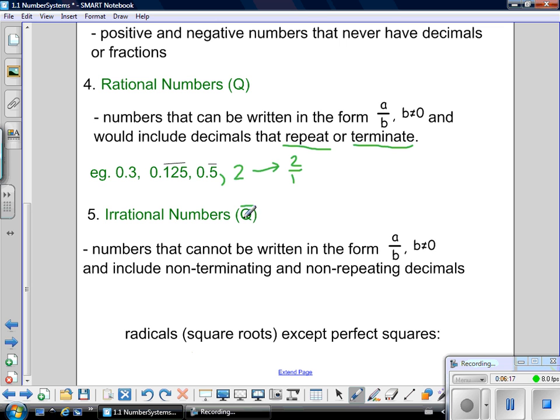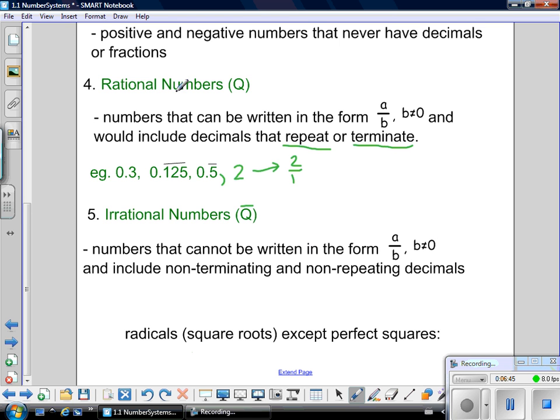So for irrational numbers, we use Q with a slash above the letter. Now these are numbers that cannot be written in the form a over b, where b does not equal 0. And it includes non-terminating and non-repeating decimals.